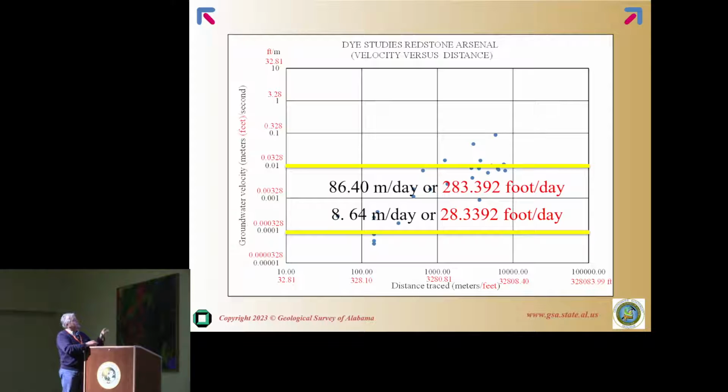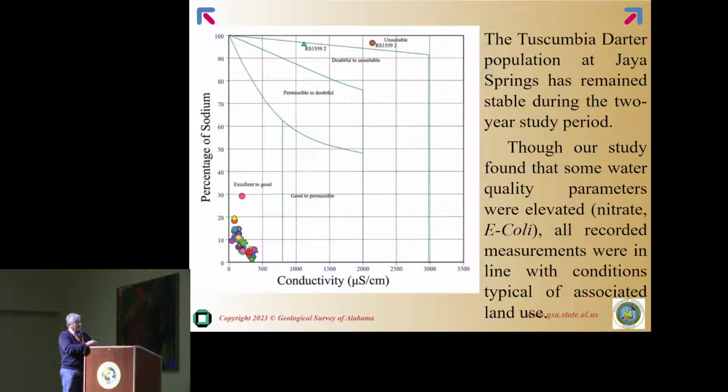The lowest number is 8.64 meters per day. The middle one, the average, is 86, and the fastest one was 864 meters per day. This way, another component of the age of the water, to me, is extremely slow travel time along the site.